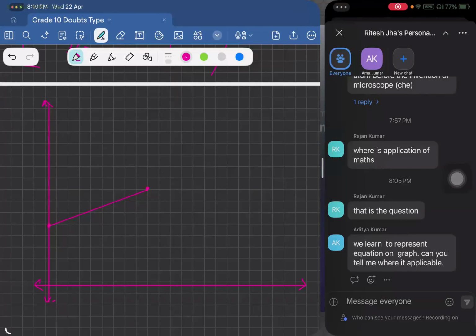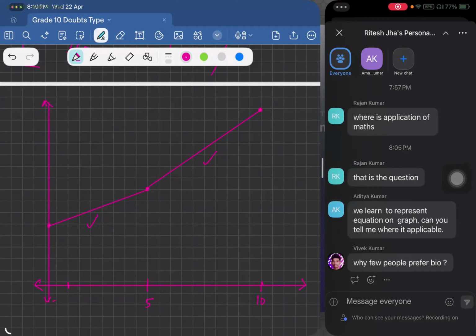Then after 5 months, up to 10 months, it is growing at a different rate, so I have this other line. Based on these straight lines, if I'm asked to get the growth of the baby at any point, I'll be able to determine that, isn't it?